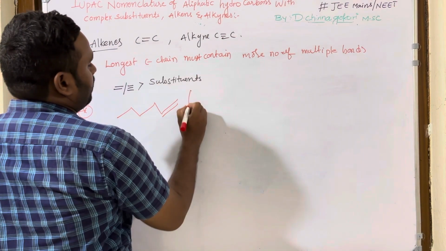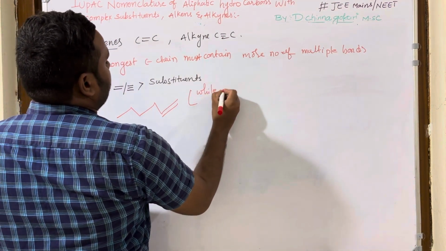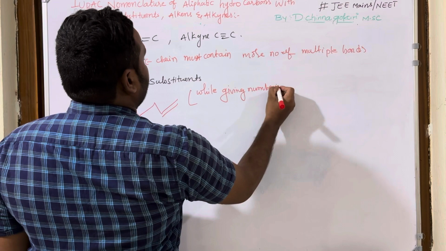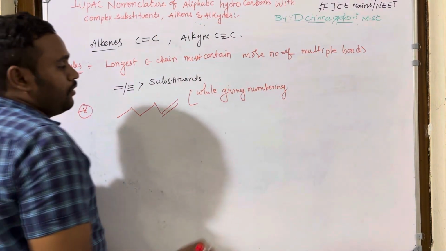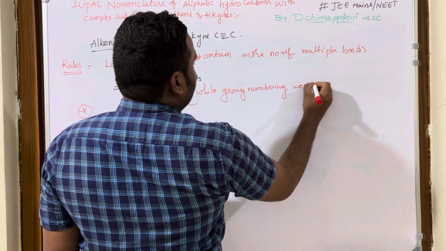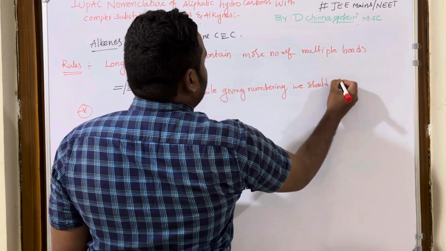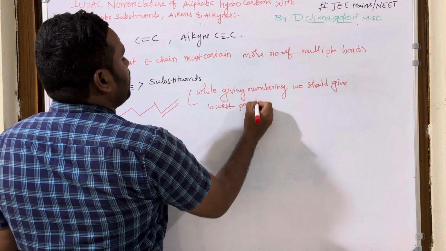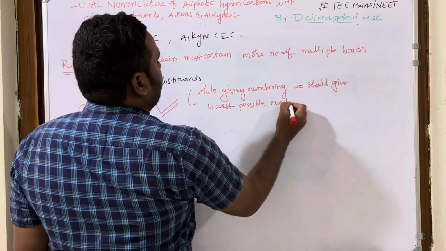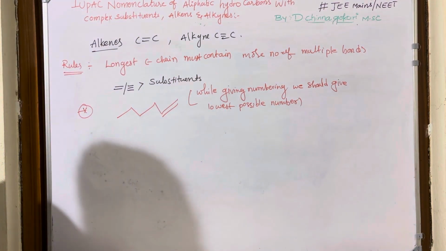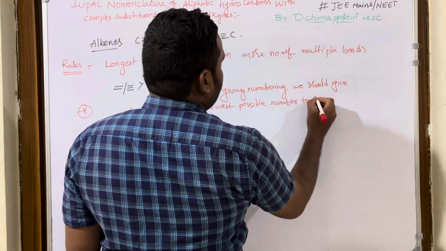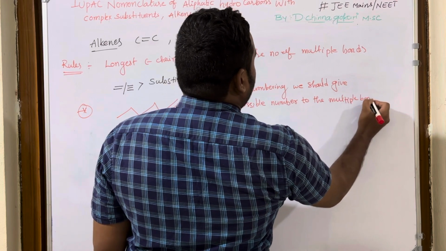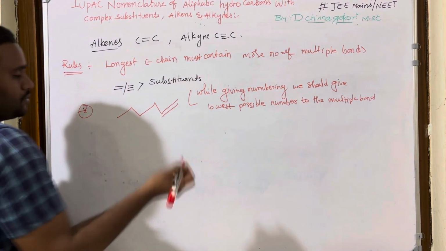While giving numbering, this is also important: we should give the lowest possible number to the multiple bond.